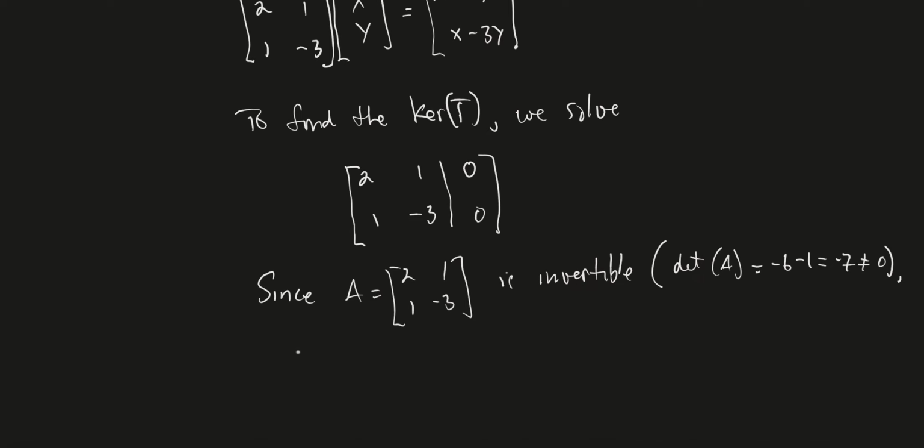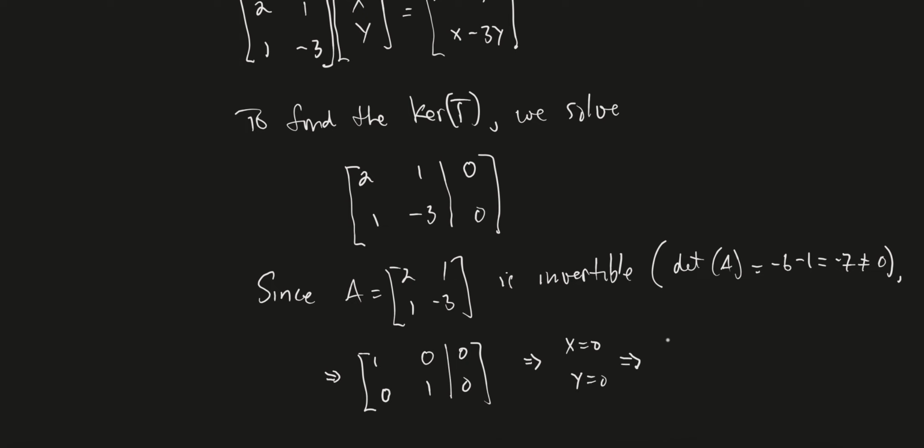Because I know the matrix is invertible, I know it can be reduced to the identity. So if I reduce it to the identity, this is what it would look like. Therefore, x would have to be 0, y would have to be 0.